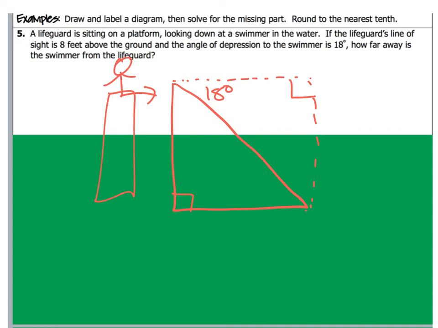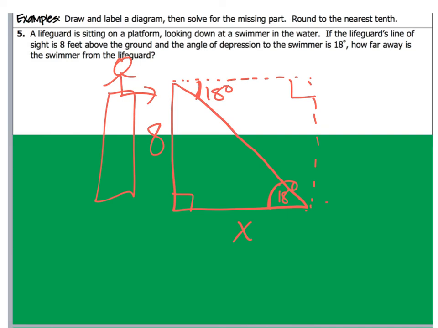So his line of sight is 8 feet above the ground. So this is 8 feet. If this outside angle right here is 18 degrees, then this bottom angle down here is also 18 degrees. That's just one way to do it. Okay. How far away is the swimmer from the lifeguard? Now here's the swimmer, will be x.